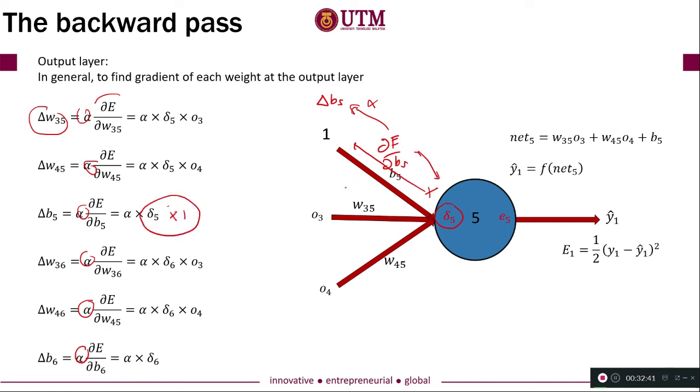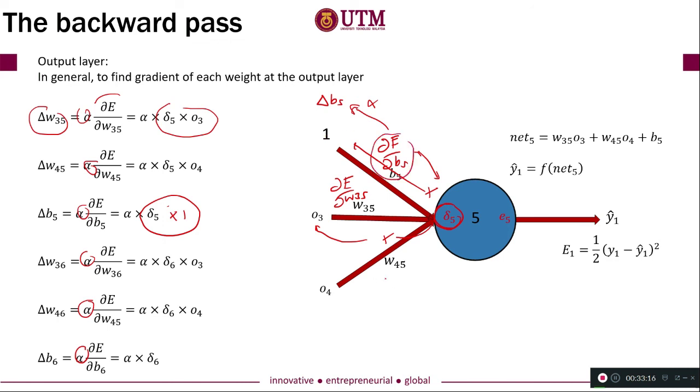To find del E over del W35, you need to take this delta 5 and multiply it with O3. So that's why here you can see that to find W35, delta 5 multiplies with O3. Delta 5 multiplied with this one, you get this one.